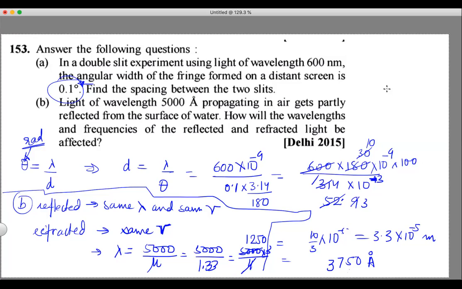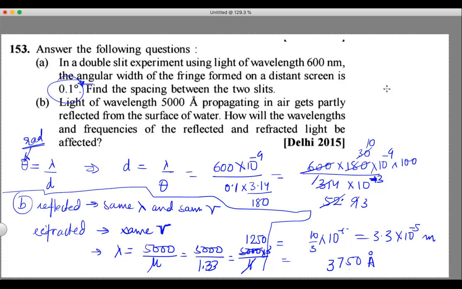Then the next topic you have to do is interference, the Young's double slit experiment, and the formulas that we have just used, the fringe width formula.